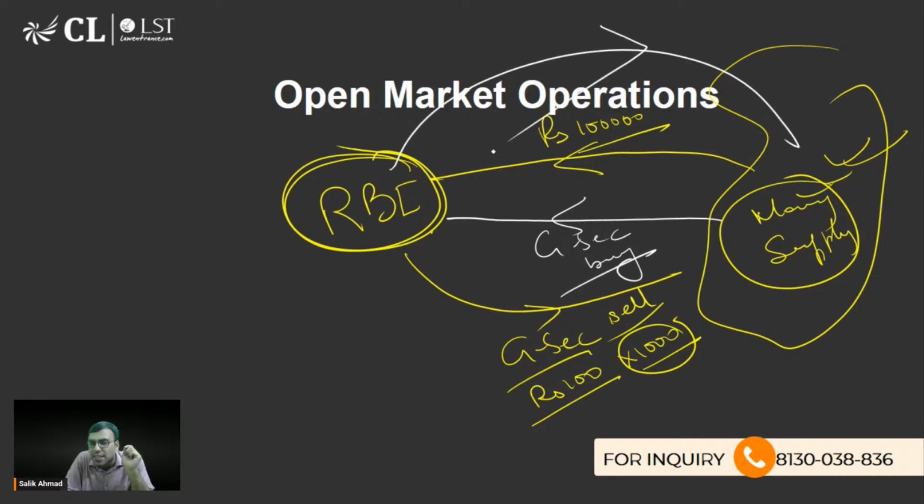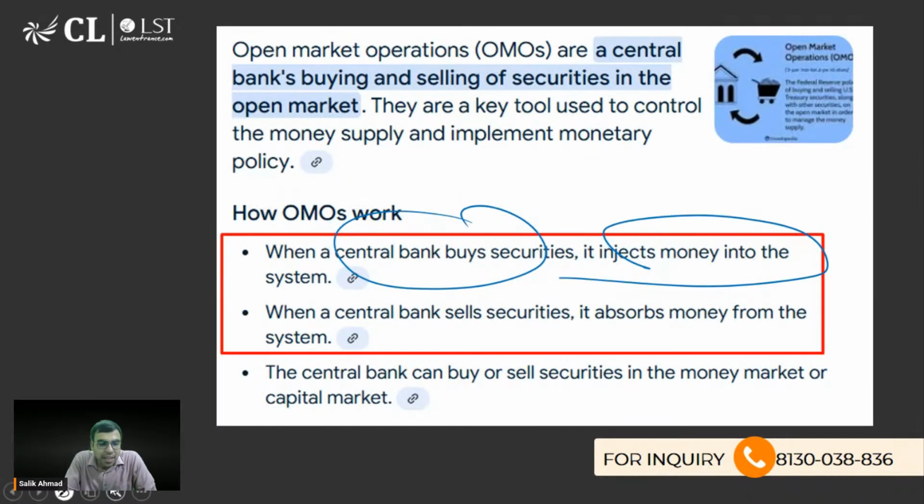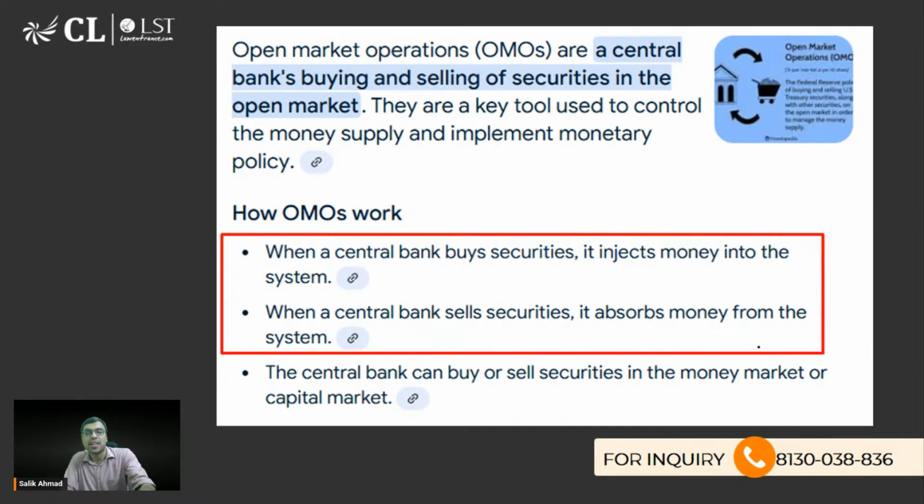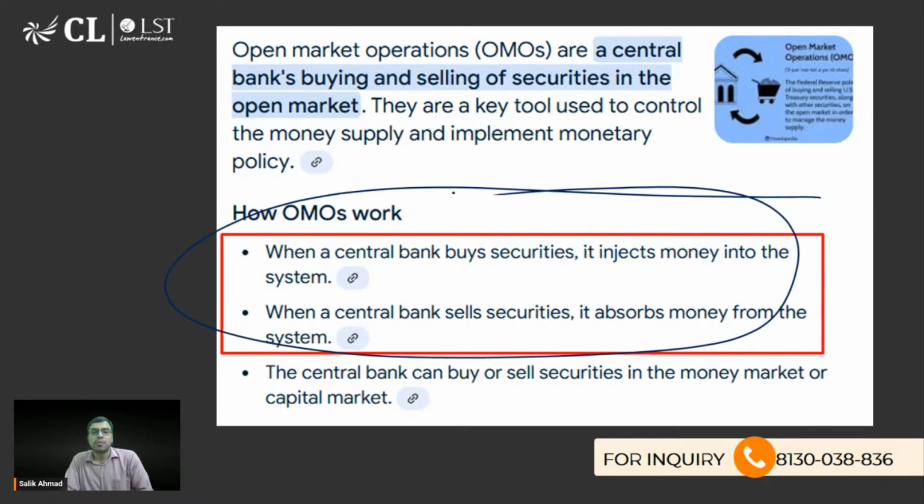So our government security, if it will buy, then RBI will give it the back money, that money. ठीक है? So money supply in the economy है ना, central bank buys security, it injects money, and when central bank मतलब यहाँ पे RBI की बात हो रही है इंडिया केस में, sells security, it absorbs money from the system, and this is how actually the monetary policy works, or this is how the money supply in the economy is regulated. ठीक है?